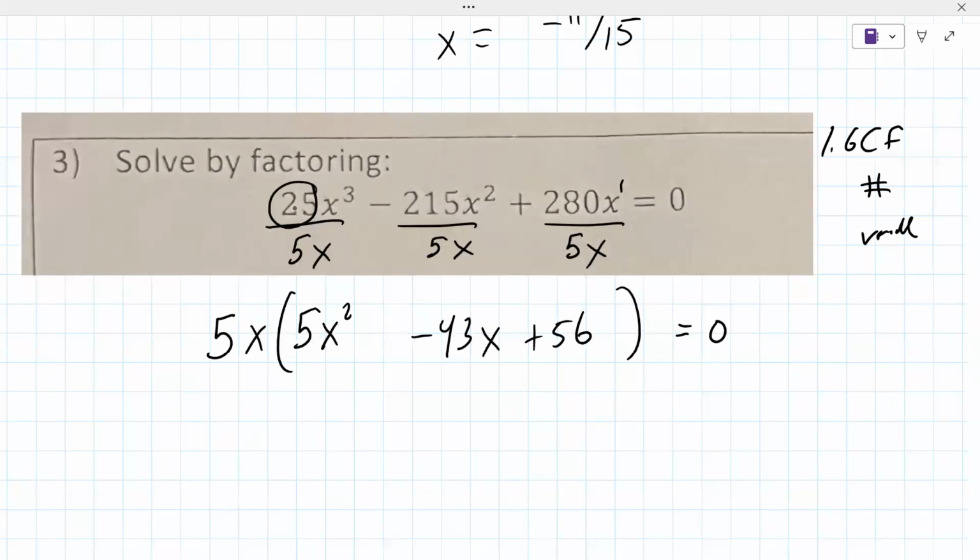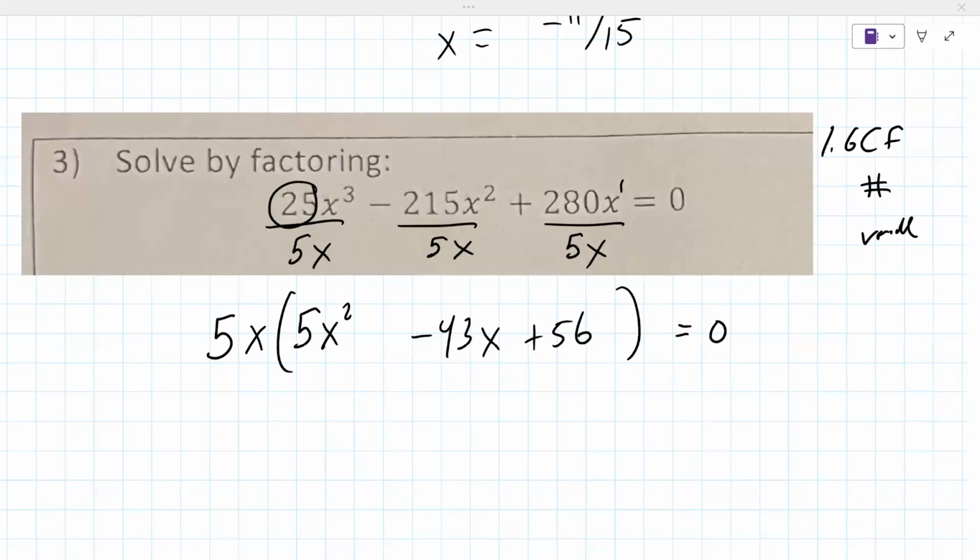Okay, great. I'm going to check to see if this factors before we proceed because we can go down a lot of wrong directions if that is the case. So we have 5x squared minus 43x plus 56. I mean, you need a calculator more so than anything to manipulate the numbers. Actually, this one does work.